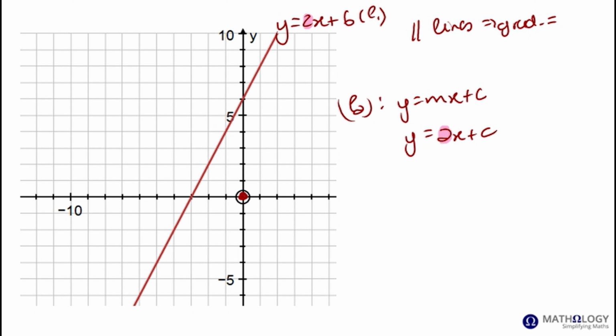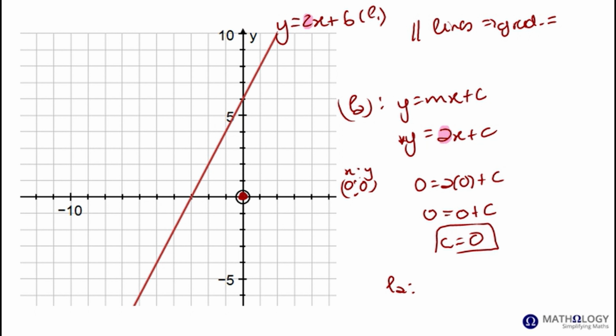Now, this line, line 2, has to pass through the origin, which means it has to go through the point (0, 0). So we substitute x and y into this line. So 0 equals 2 times 0 plus c. 0 equals 0 plus c. In other words, c equals 0. So line 2 is y equals 2x plus 0, which we don't write the plus 0, we just write y equals 2x.